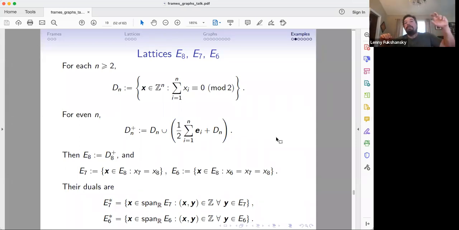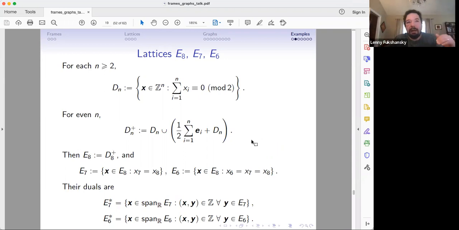You look at the minimal vectors of Dn, and you look at the minimal vectors of this translated copy. And the minimal vectors of the translated copy are actually shorter than the minimal vectors of Dn. So your overall lattice Dn plus has many, but not super many, minimal vectors, just those of the translated copy. But then in dimension 8, magic happens.